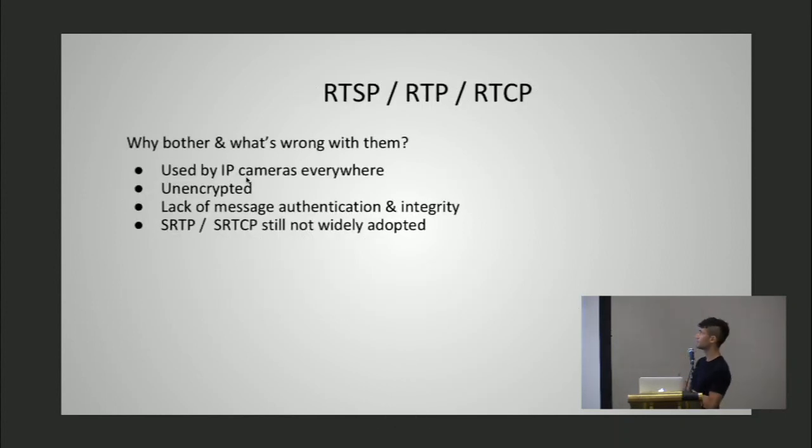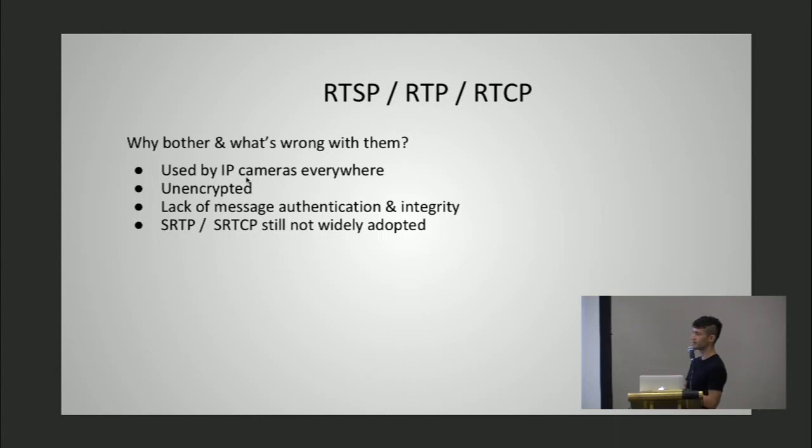RTSP, RTP, and RTCP. So again, as an extension of the work on the IP cameras, whenever those cameras send a video feed to the server, they usually do this using these three protocols.